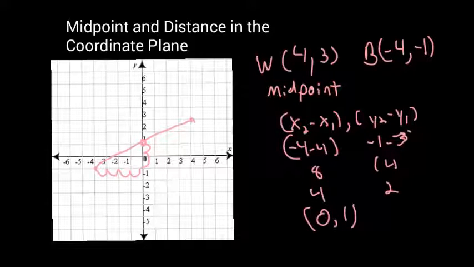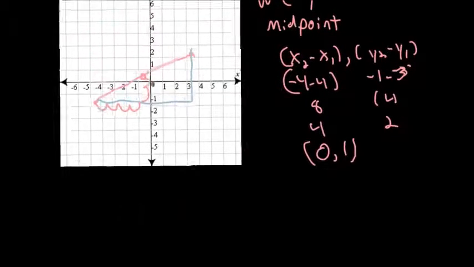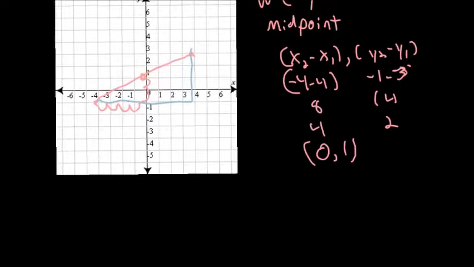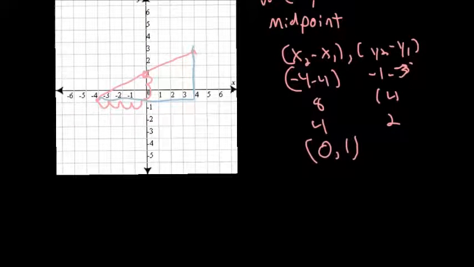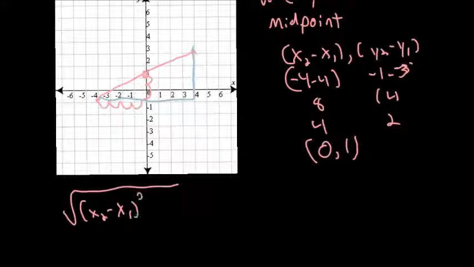The next thing we're going to do is find the distance of that. To do that, you've got to think of the Pythagorean theorem. We just created a right triangle there. So there's a fancy formula you can use for this, that you'll see, which is the square root of (x2 minus x1) squared plus (y2 minus y1) squared.